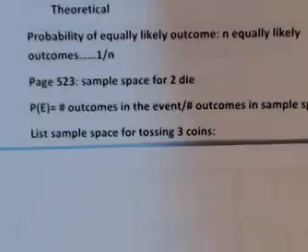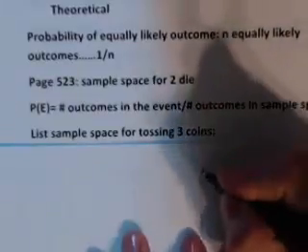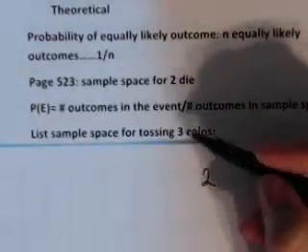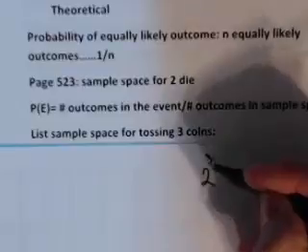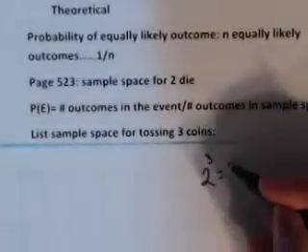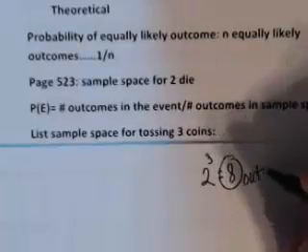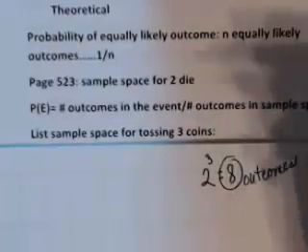One that you might have to list the sample space for would be the toss of 3 coins. Well, you know that for 1 coin there are 2 outcomes, heads or tails. With 3 coins, that's 2 to the 3rd power, or 8 outcomes.